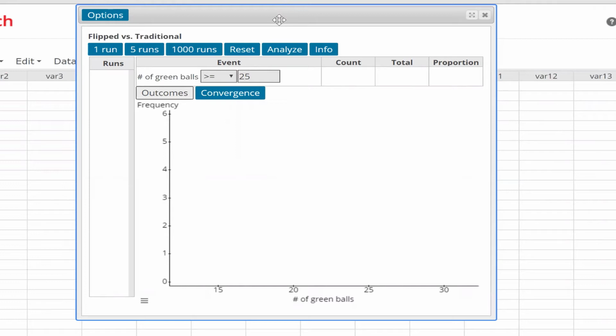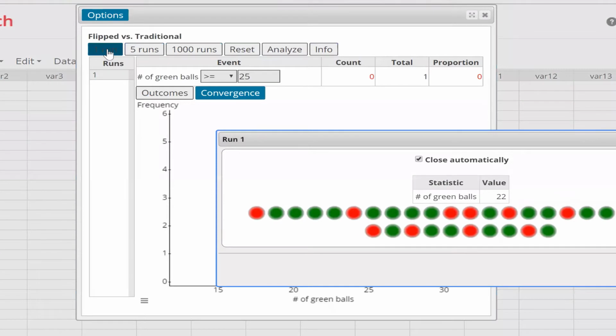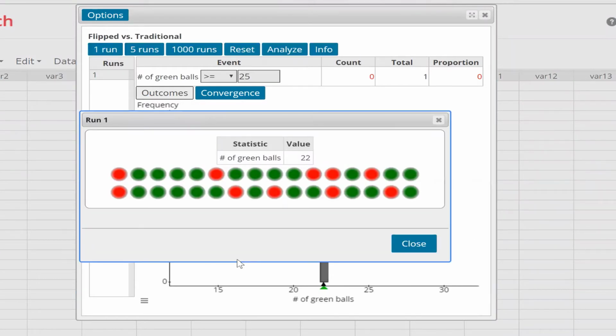The 32 balls that we randomly select out of this urn are the 32 students who chose to go into the flipped classroom. So when I click one run, these 32 students enrolled in the flipped classroom. The red balls are the students who did not pass. The green balls are the students who did pass. So I had 22 pass.